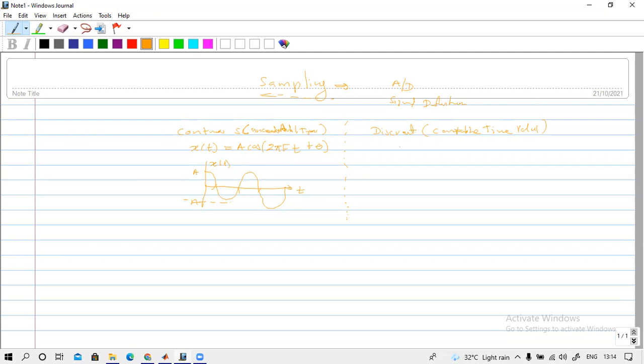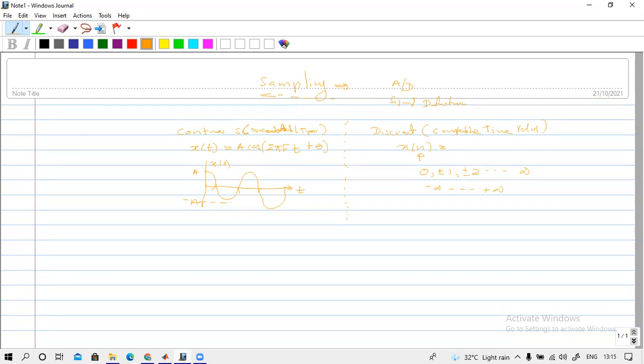A discrete time signal you can represent as x(n). This n is a sequence, a number. Normally n goes from 0 to plus or minus 1, plus or minus 2, up to infinity. That means n normally lies between minus infinity and plus infinity.